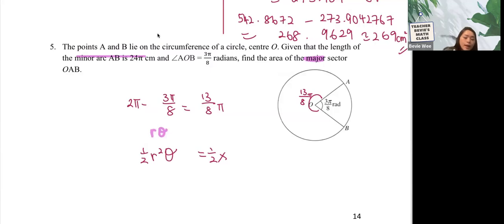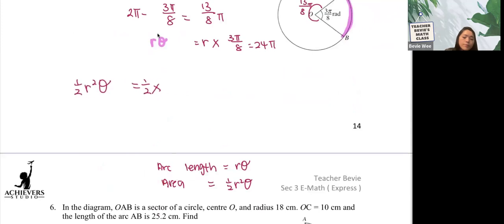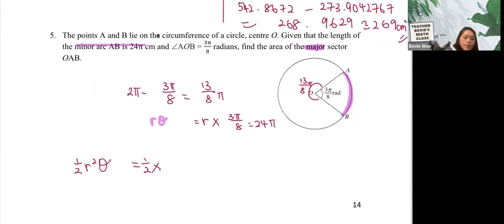Very simple. R theta. This 24 pi is your minor arc. Minor arc means your small pizza crust. So it's R times theta, which is 3 pi over 8, gives me 24 pi. Can everyone help me find the value of your R?